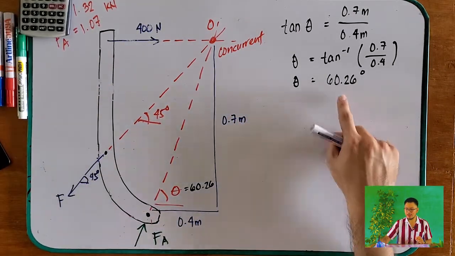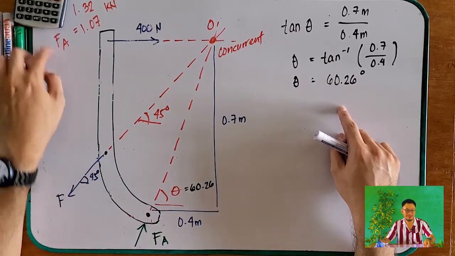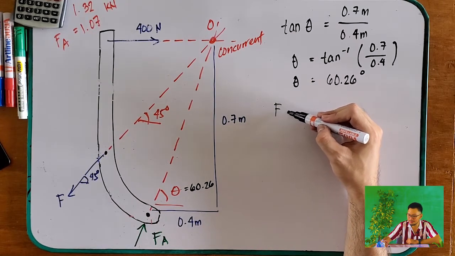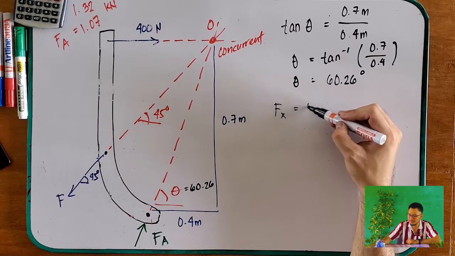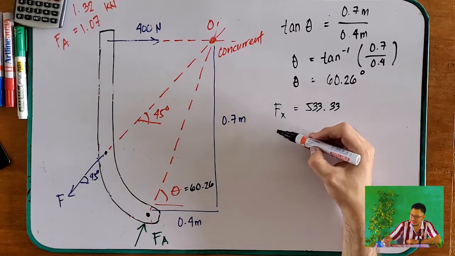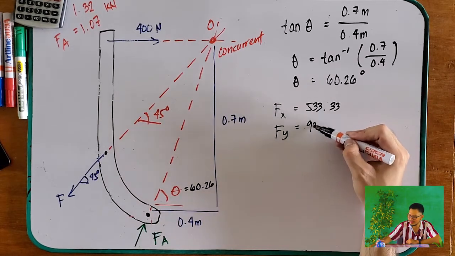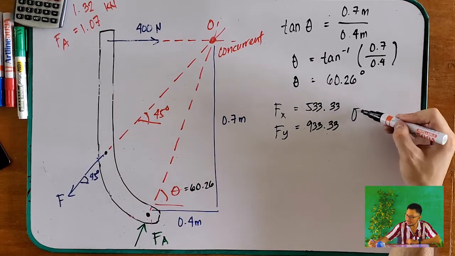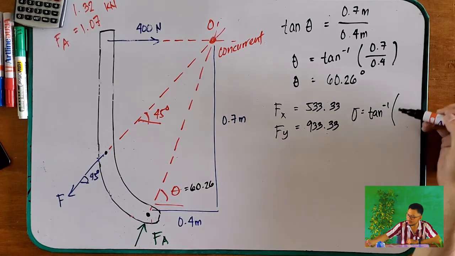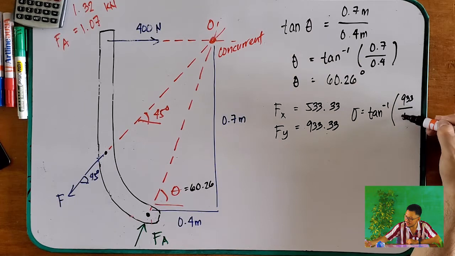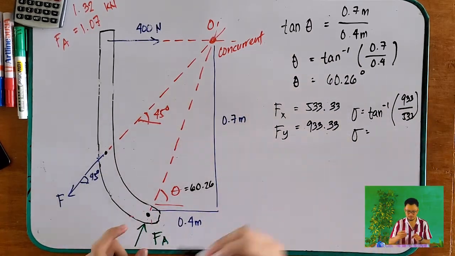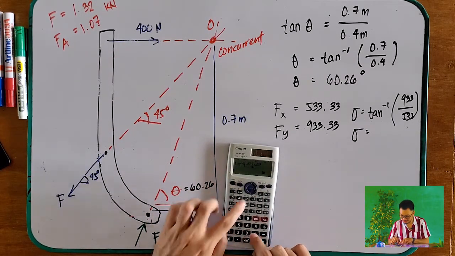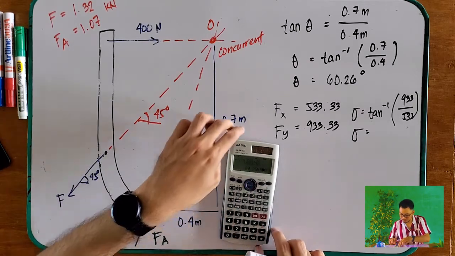And if we put the angle on our force FA earlier, we know that the FAX was 533.33 and our FAY was 933.33. Let's take the tangent. So, theta is equal to inverse tan of 933.33 over 533.33.